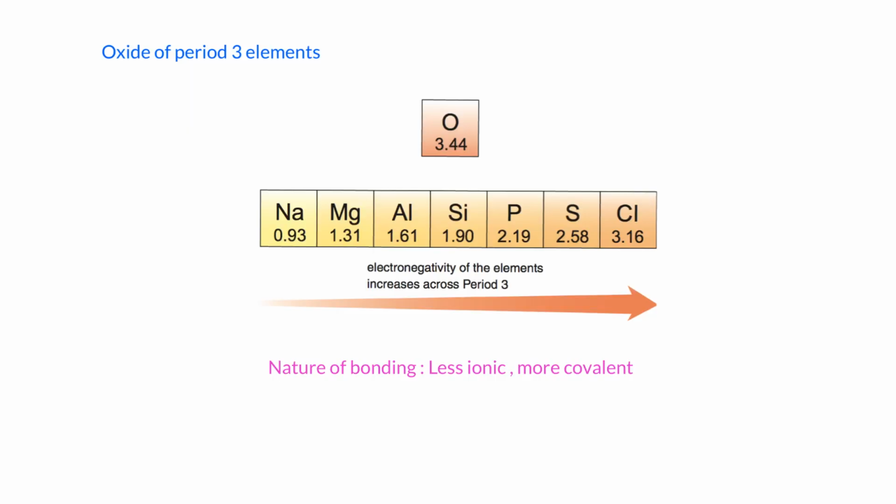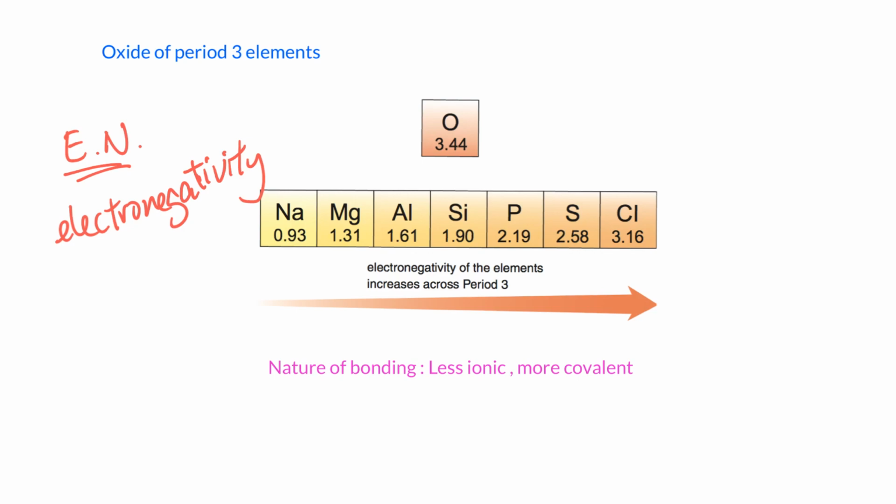Okay. So before we move on, first of all, I just want to recall your memories about these data. So what are these data? They are all En. What does En stand for? Electronegativity. So you can have a look at the electronegativity of all the elements in period 3.